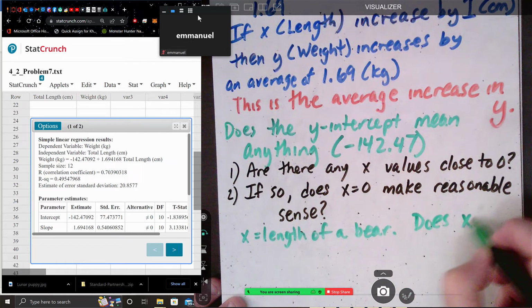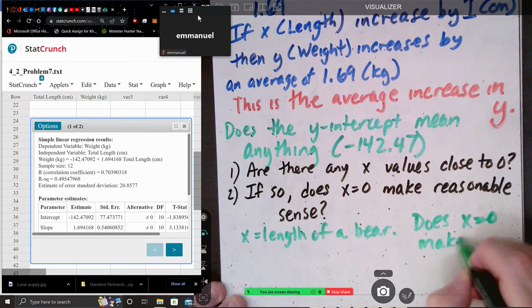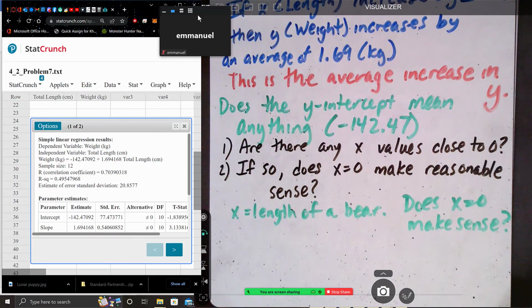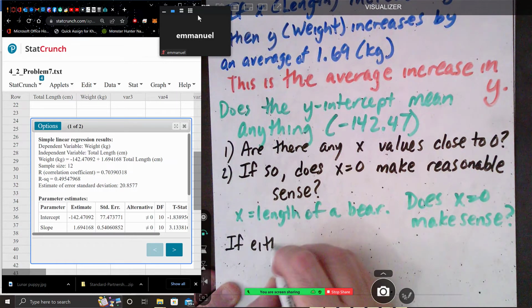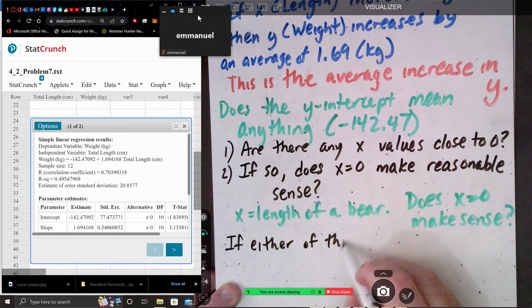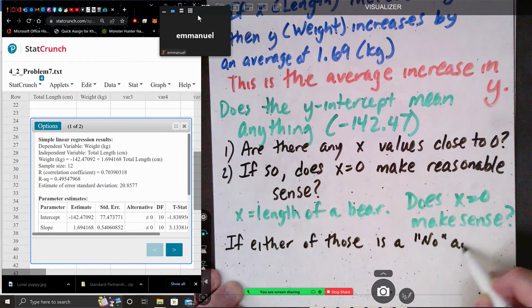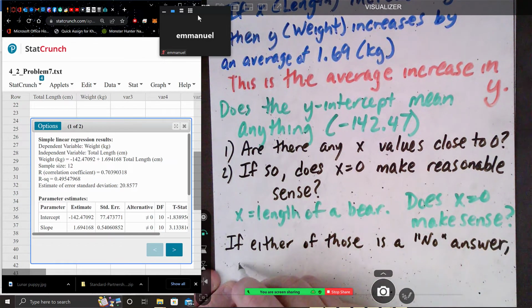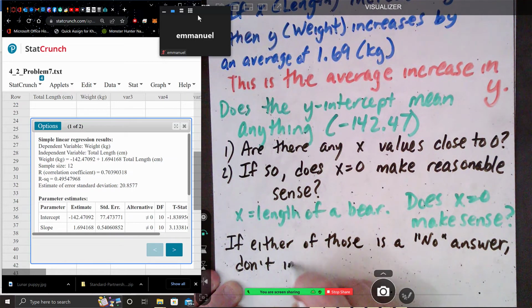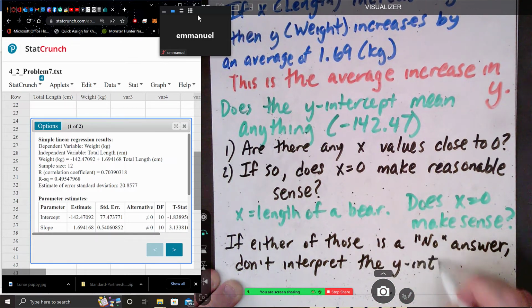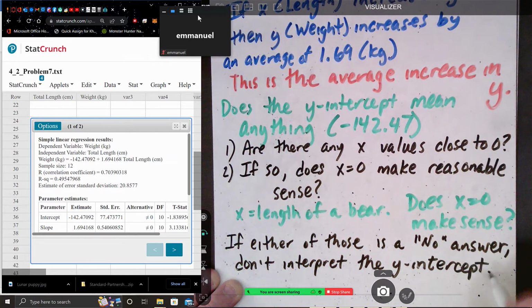Does x equal 0 make sense? If either of those is a no answer, don't interpret the Y-intercept. It doesn't make any sense to you.